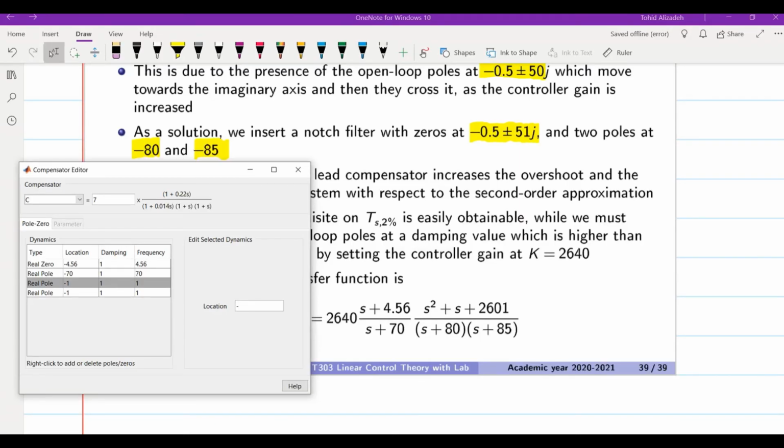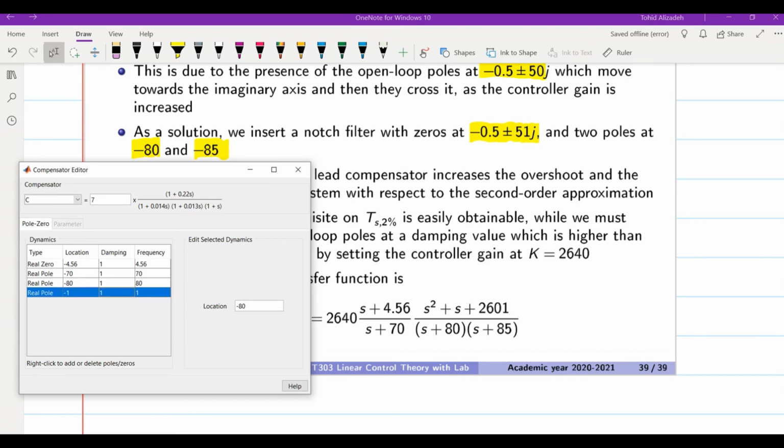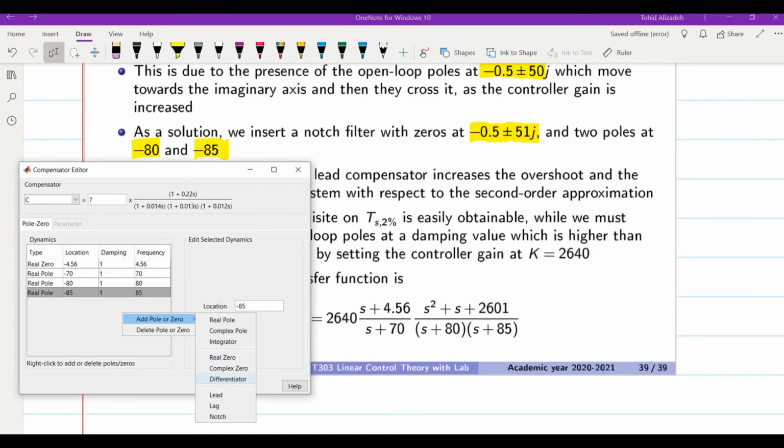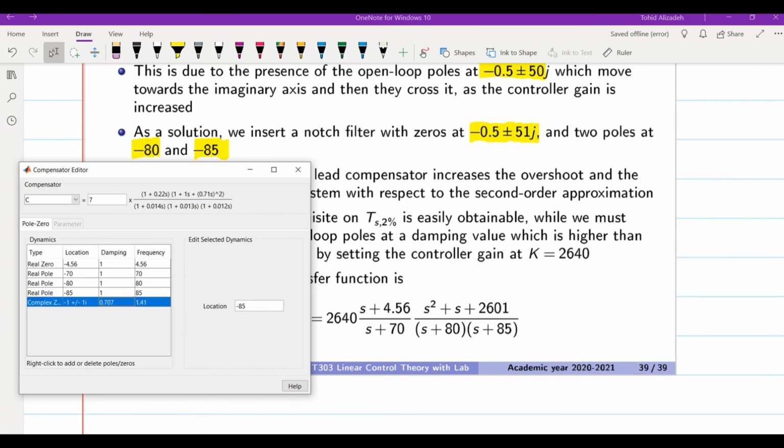One at minus 80 and the other one at minus 85. And complex zeros. The real part is minus 0.5 and the imaginary part is 51.